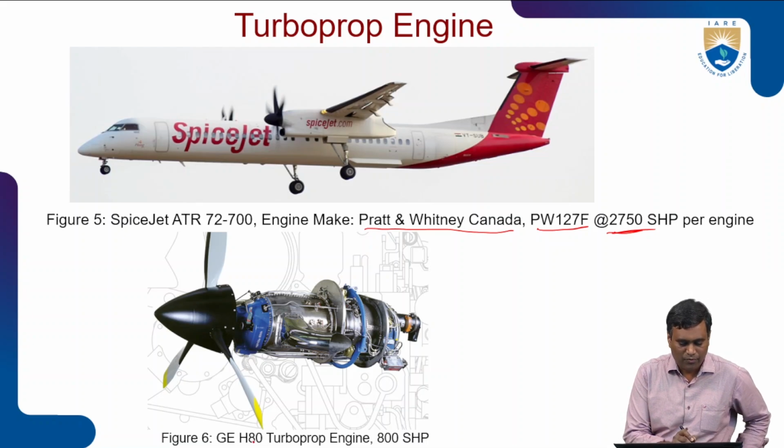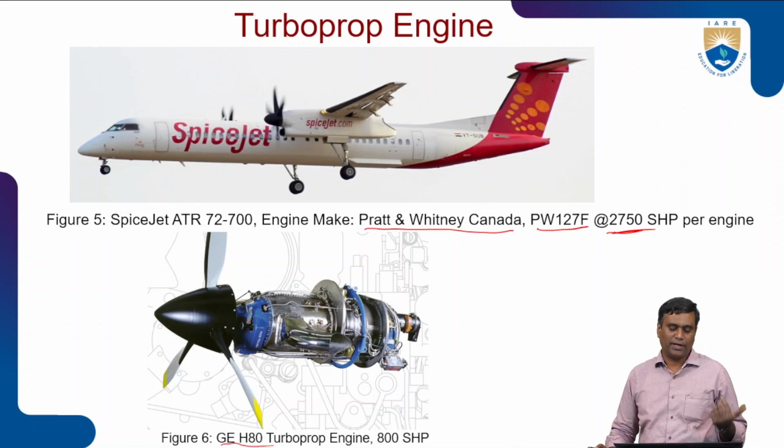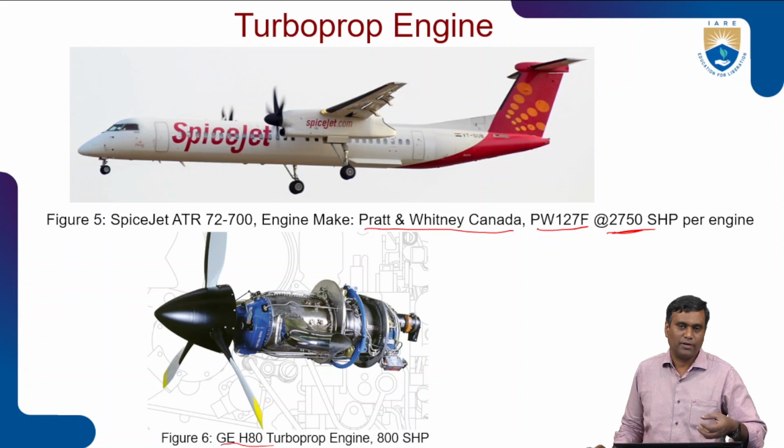And the bottom one is the GE H80 turboprop engine, which generates 800 shaft horsepower and is used for personal and business flights and a few naval applications also, at moderate or low speeds and low altitude.